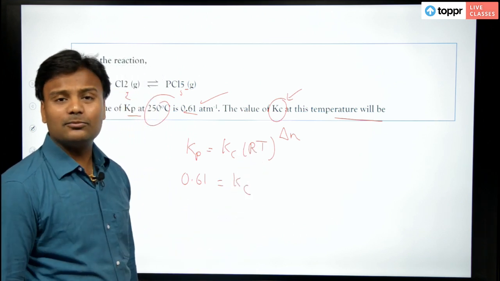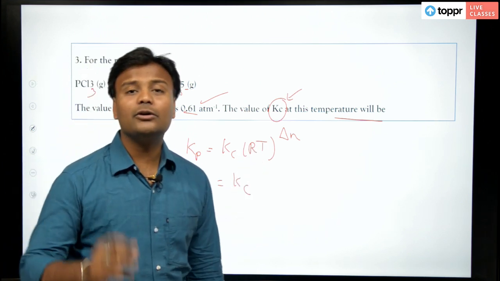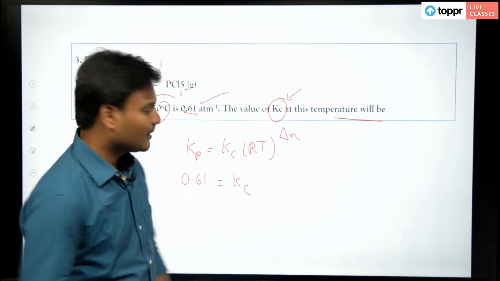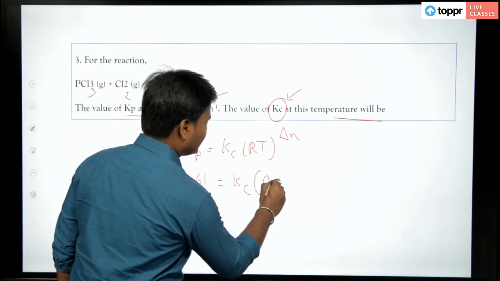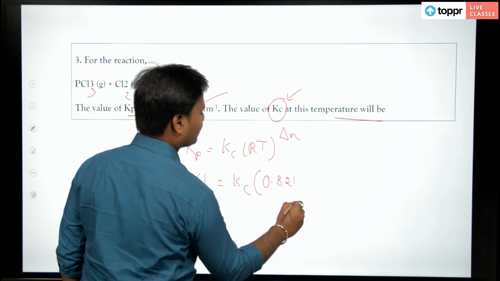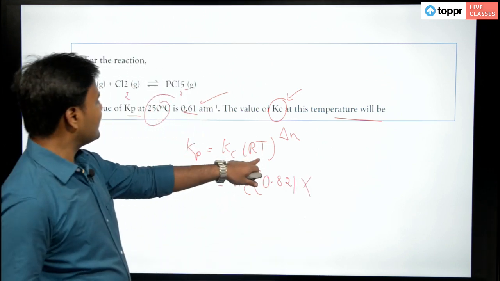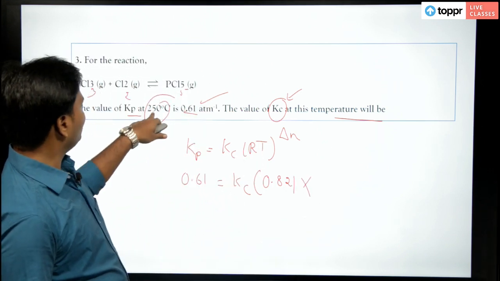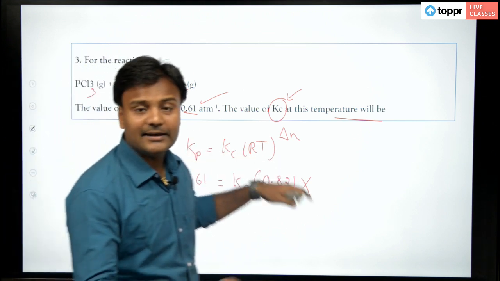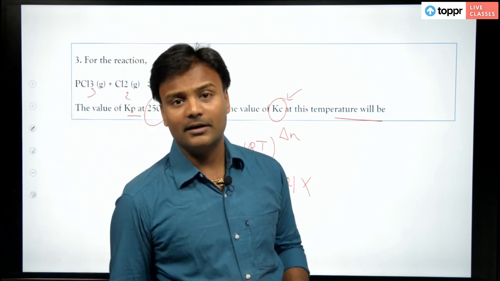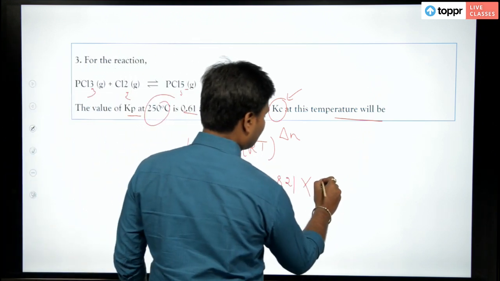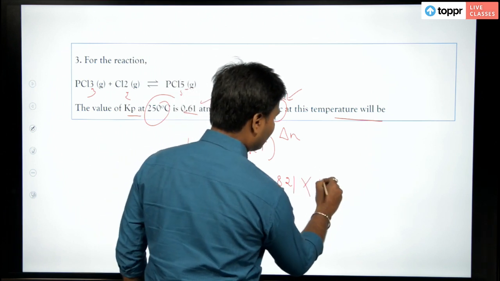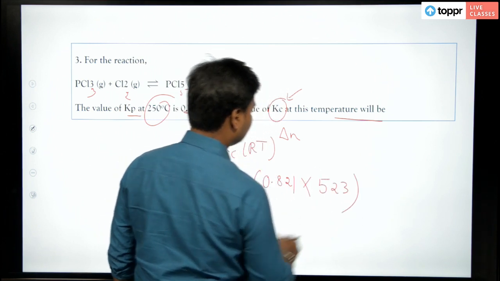What is the R value? R is the universal gas constant, so here this is 0.821 times, what is T here? The 250 degrees centigrade, convert into kelvins, right? That means you add and you will get 523.